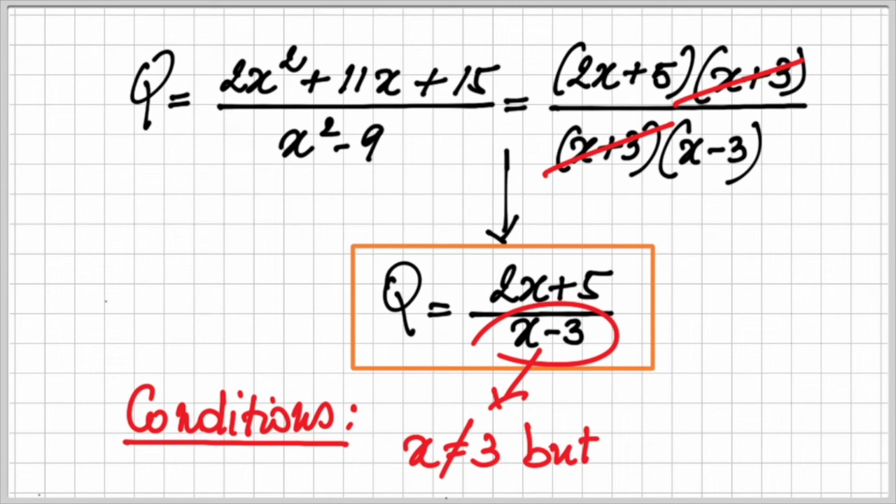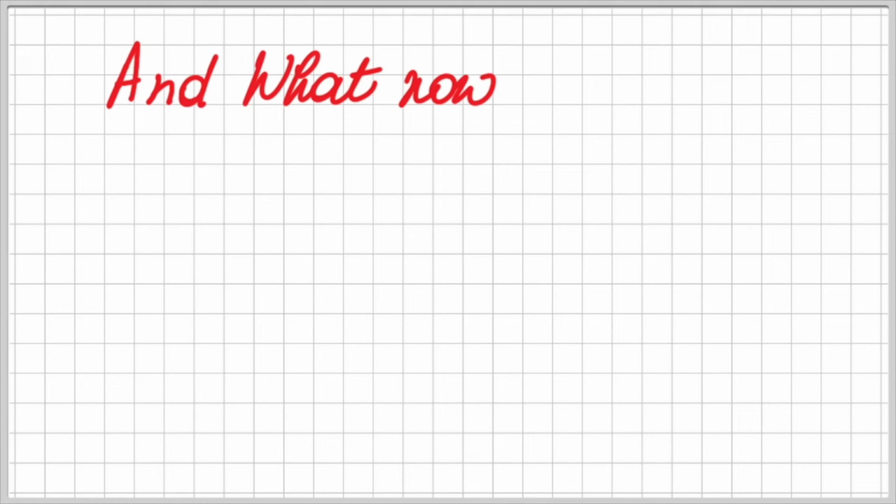Now, when we look back at the original, we also have to keep the second condition, because we started from the original equation, and in the original equation we had x plus 3 and x minus 3 in the denominator. So basically it means that x cannot be equal to minus 3. So we have that result here that we have to keep the original conditions.